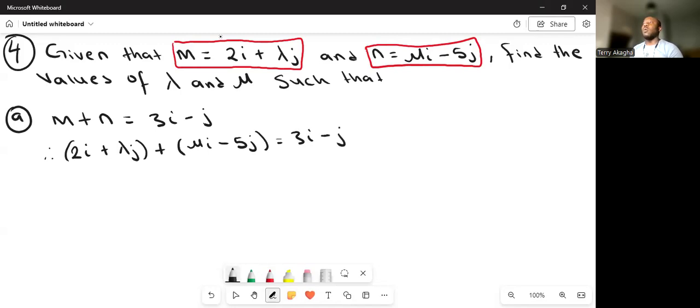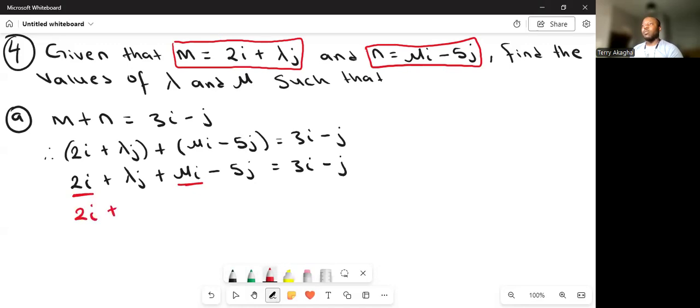Okay, so we open the bracket. So it's going to give us 2i plus lambda j. Plus times this will still give us plus mu i. Plus times minus will give us minus 5j. It's equal to 3i minus j. All right. So what you do, we collect all the i's together on the left-hand side. So we have 2i and mu i. So we can say this is going to be 2i plus mu i.